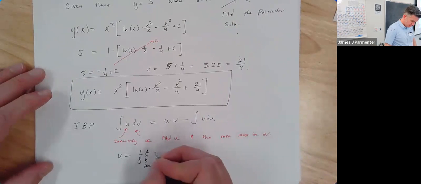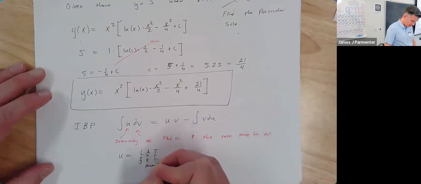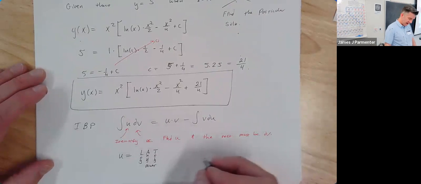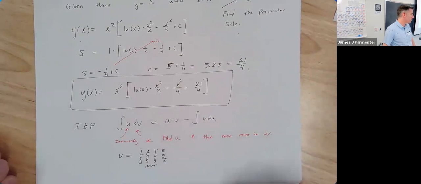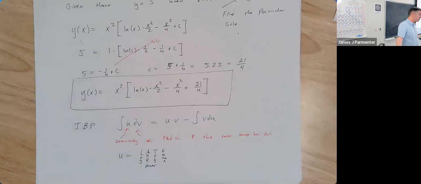And then trig. And then finally, an e to the x, or exponential. You will almost never let u equal an e to the x when you're doing integration by parts. Totally fine if you're doing u substitution, but this is only for integration by parts.